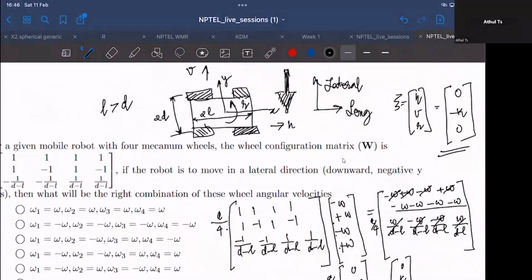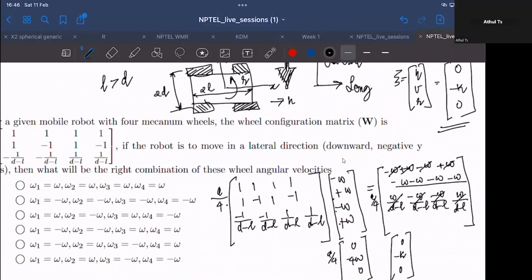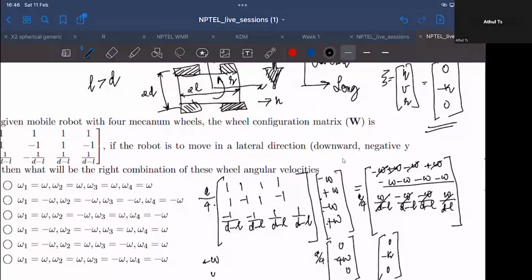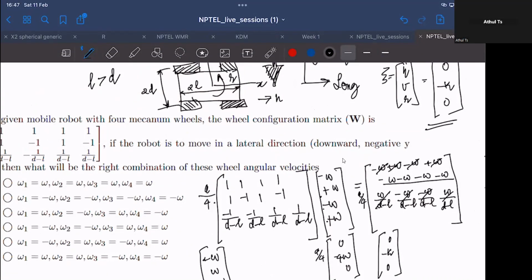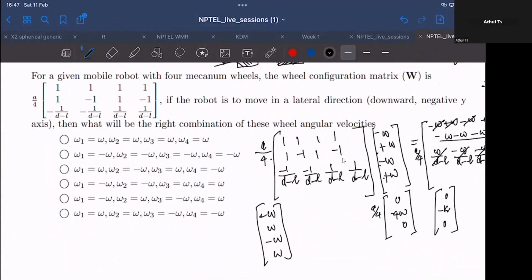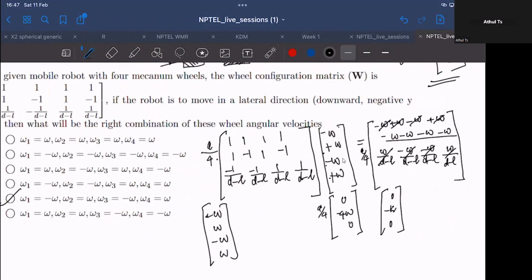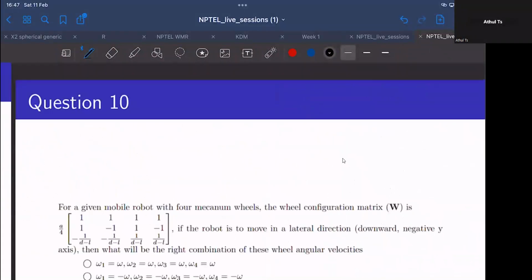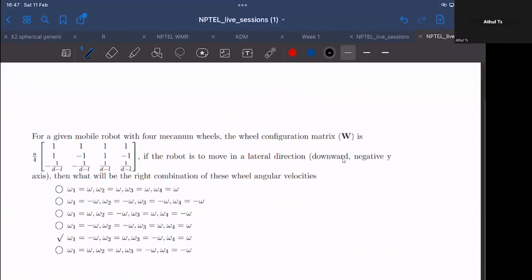So in this case, what is the correct answer? Minus omega, omega, minus omega, omega. So this corresponds to which option? This is our correct answer. This corresponds to option 5, I guess. Yeah, so that is indeed the correct choice, option 5.